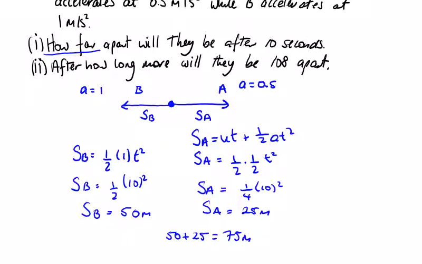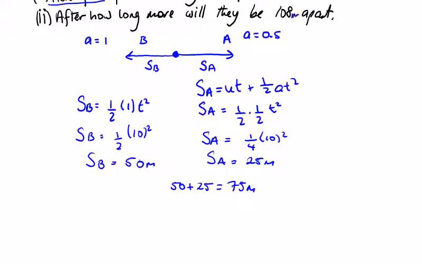And after how long more will they be 108 meters apart? So 108 meters apart, put in my units. Well, that's just SA plus SB is equal to 108. So SA in terms of T, we had T squared over 4 for SA, or a quarter T squared. SB was T squared over 2.